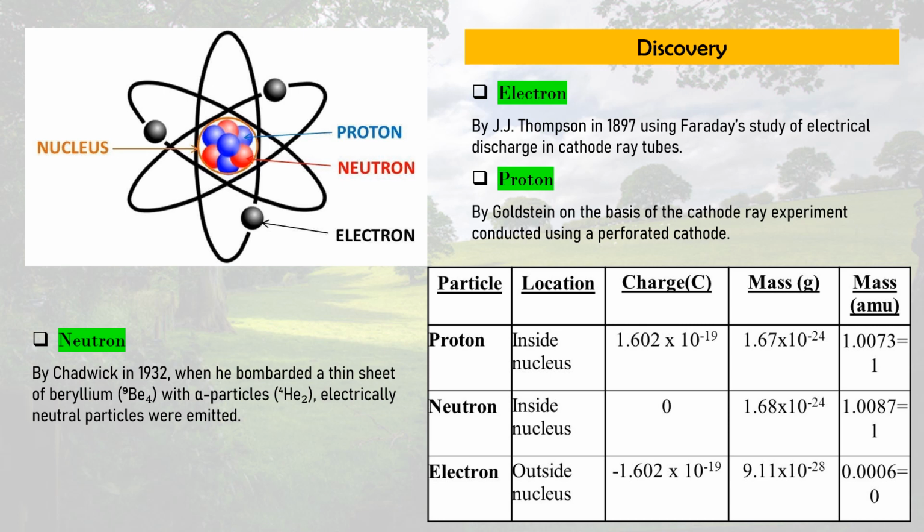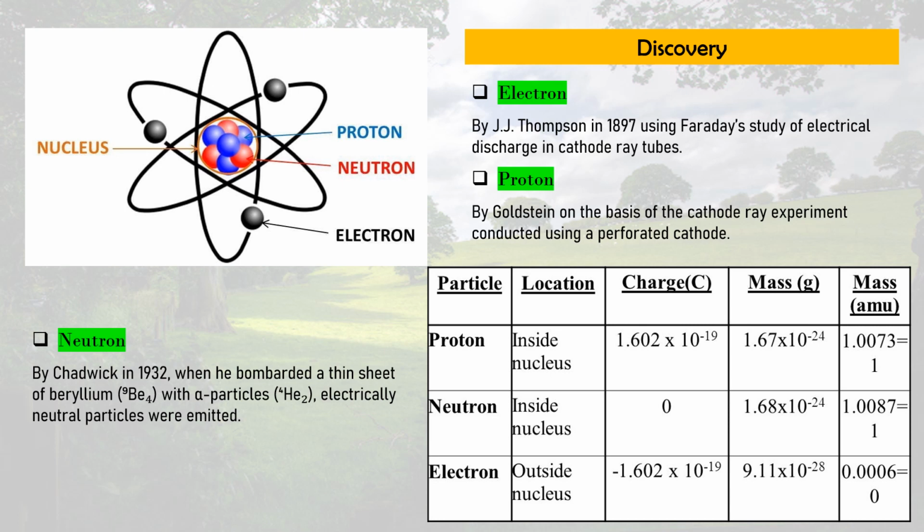When he did the cathode ray tube experiment using a perforated cathode, he found that some rays originated from the anode, and these were known as anode rays or canal rays, as they pass through the perforated cathode. Those streams of positively charged particles were protons.